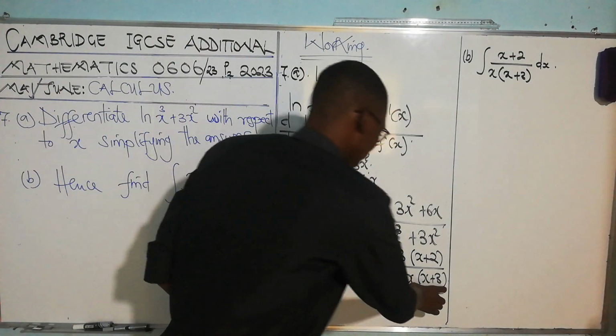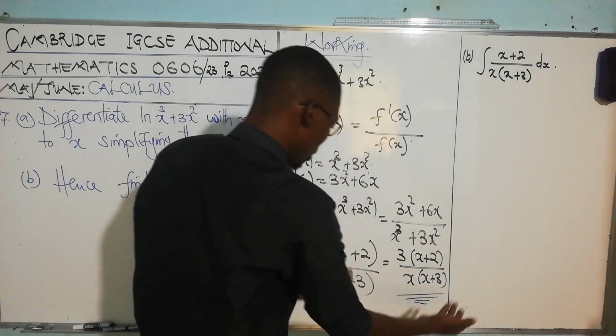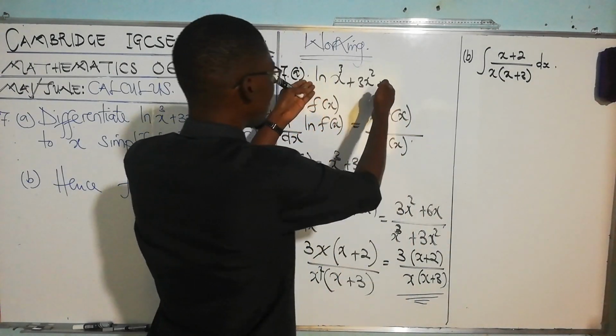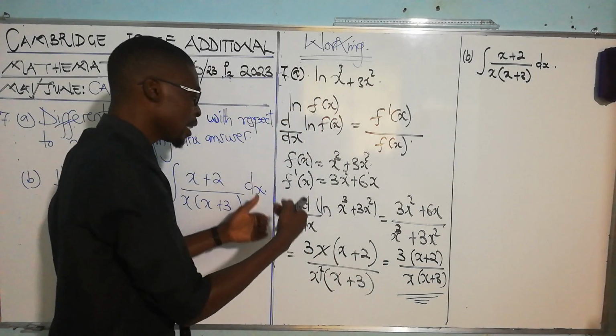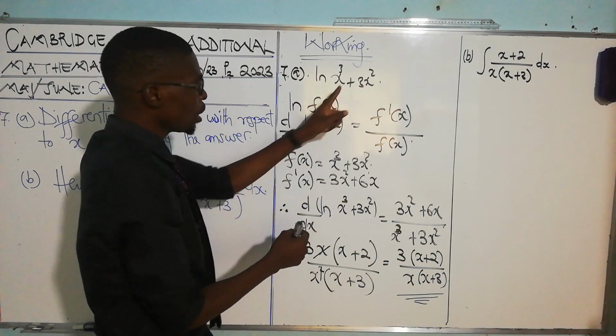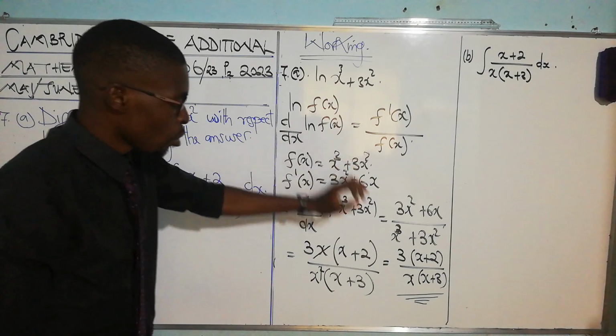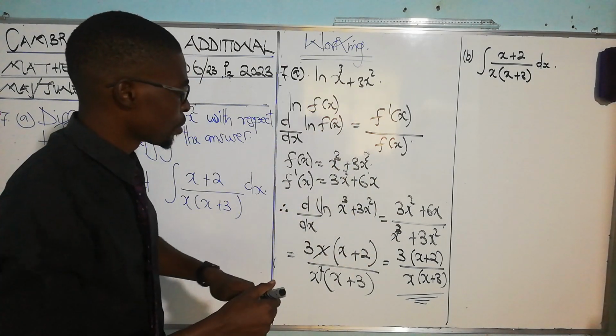Now, what is the integral of this? We know very well that the integral of the derivative of the natural logarithm of this given function will give us the function itself.